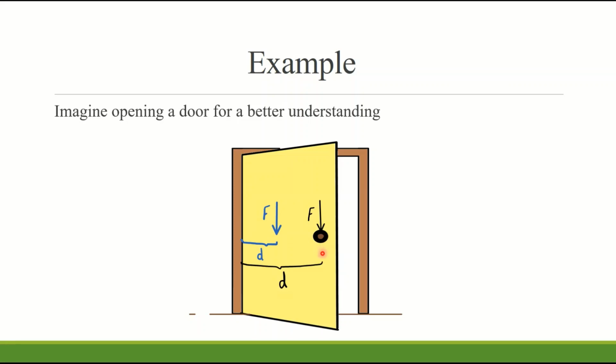But when you push it closer to the hinges, you are decreasing the distance. So you are applying less torque, and it makes it harder to open the door. So, it's not just about how hard you push, but also about where you push that can make a difference in how things move or turn.